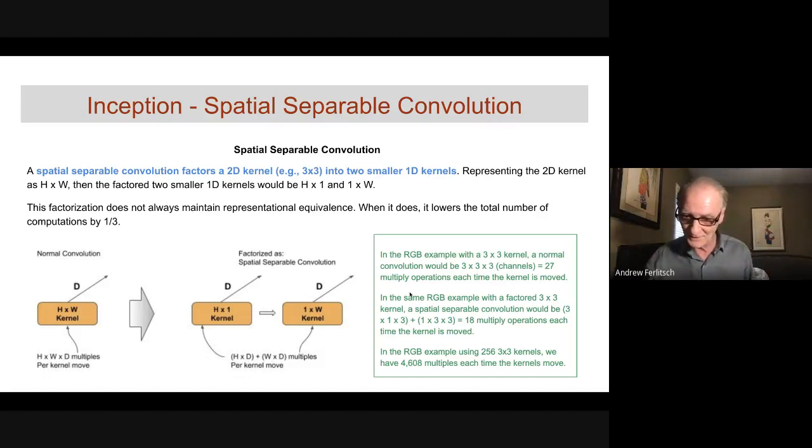Here's a little bit of the math, and I won't go into detail, but had we used a 3x3, across 3 channels RGB, we would have had 27 multiply operations every time we move that filter. When we factorize it like this, we end up having 18 multiply operations. So there's that reduction that we're talking about.